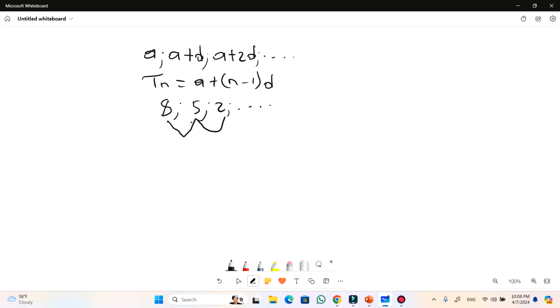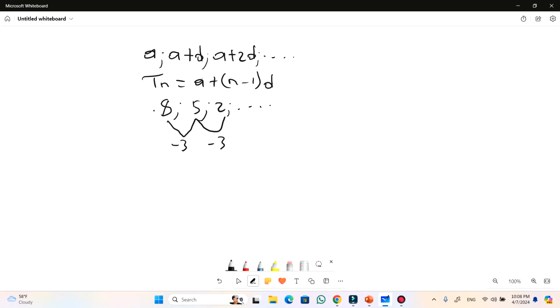So now we have t2 is 5, so we say 5 minus 8, which gives us negative 3, and then 2 minus 5 also gives us negative 3, right? So we do have the value of d and the value of a. As I said, the value of a is represented by the first term.